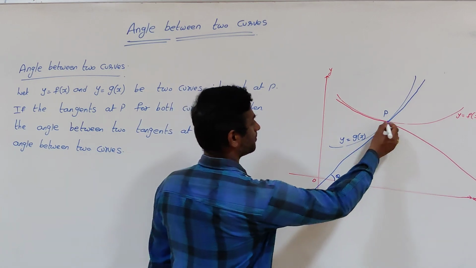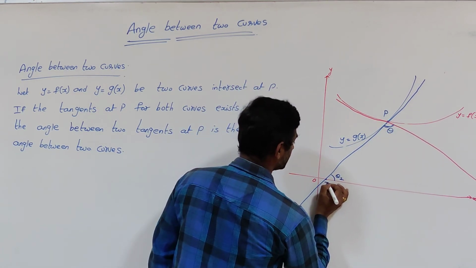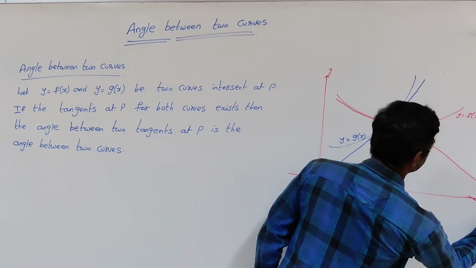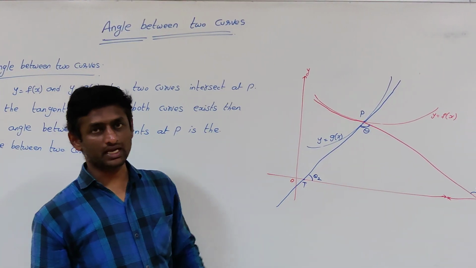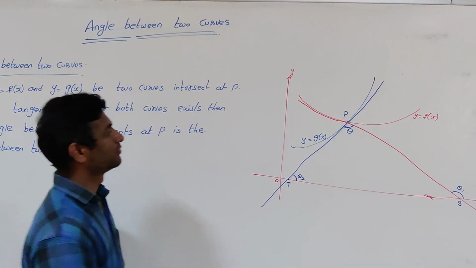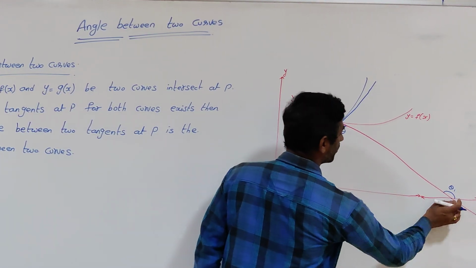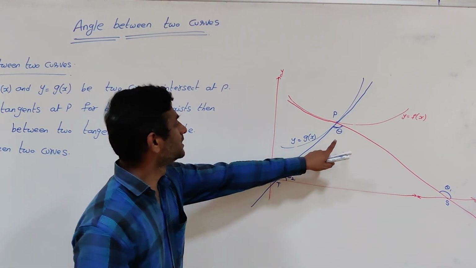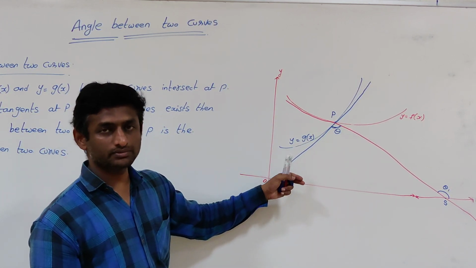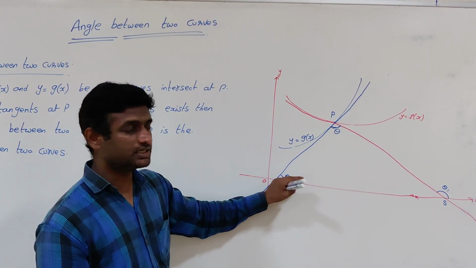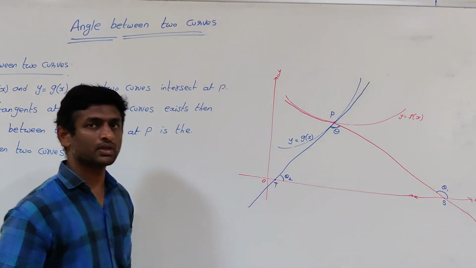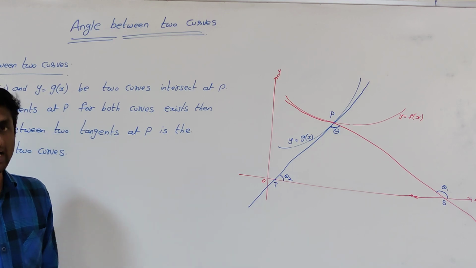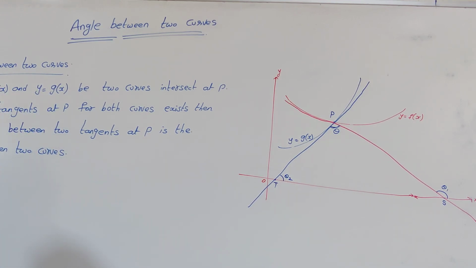Now assume that these tangents intersect the x-axis at T and S. Now PTS forms a triangle in which theta and theta 2 are the angles inside the triangle, and theta 1 is the exterior angle.